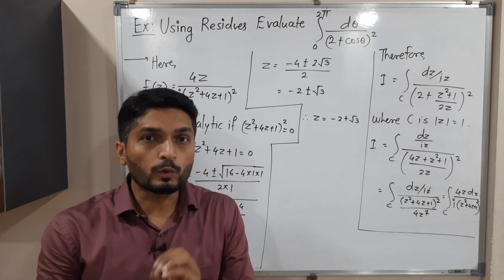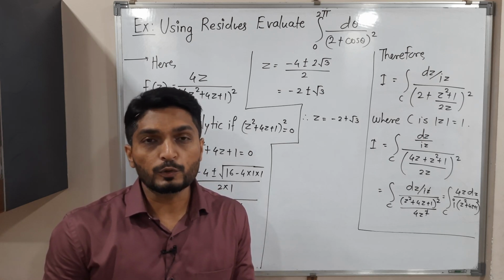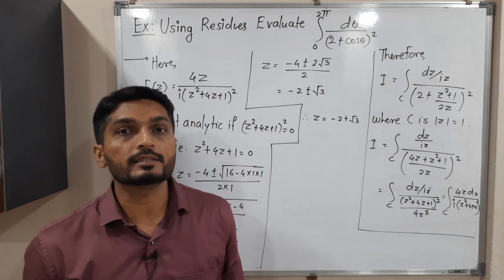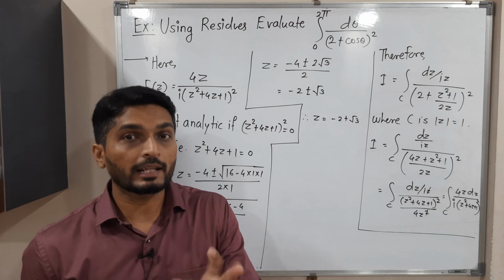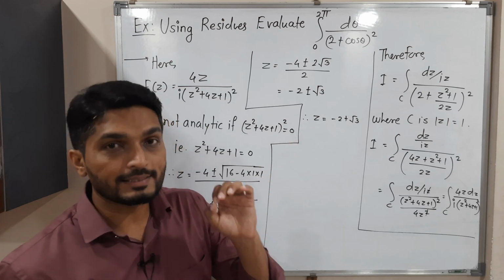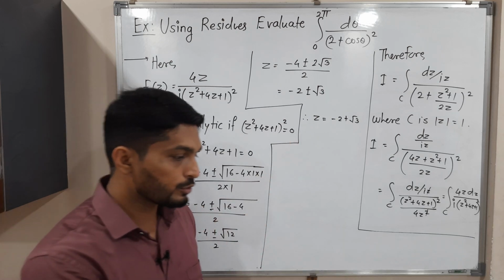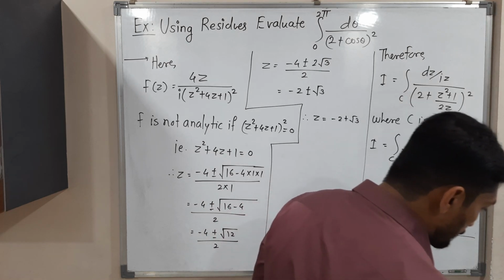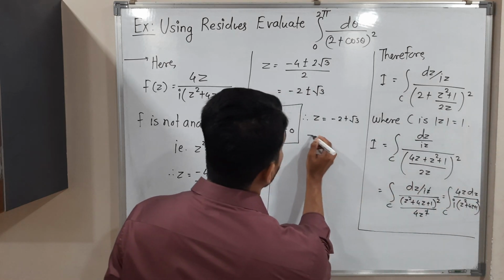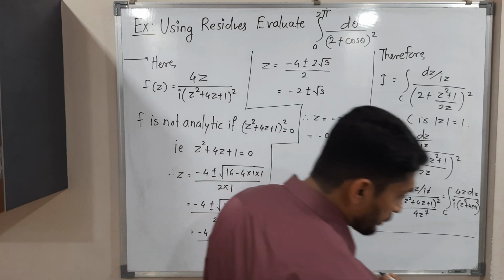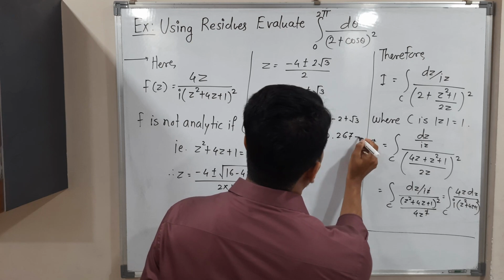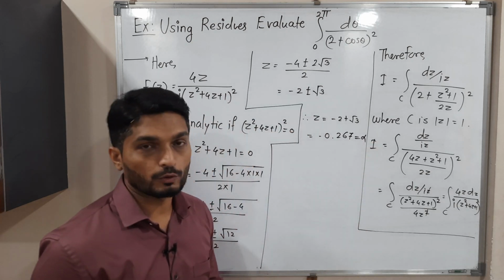But still I am doubtful, since I don't know the exact value, we cannot decide which point lies inside the circle, which point lies outside the circle. But see, with the help of a calculator, you can find its exact value. I have already calculated, so let me write directly. Its value, if you add root 3, we will get minus 0.267. You can call it alpha for simplicity, okay.